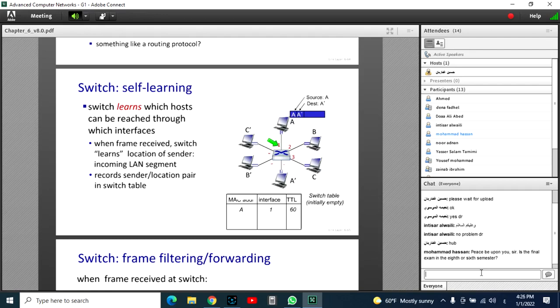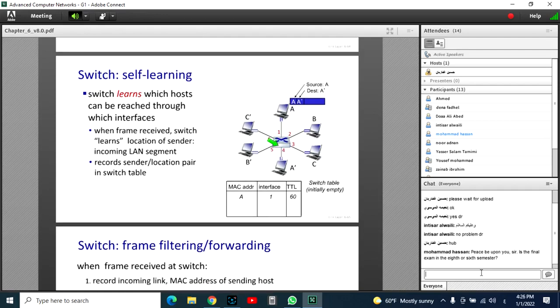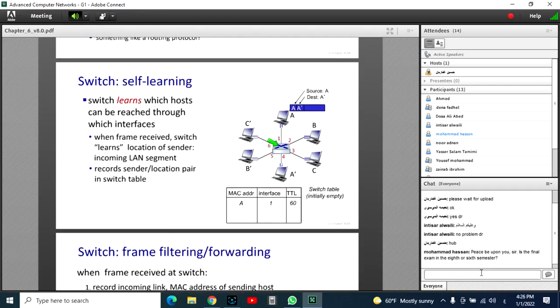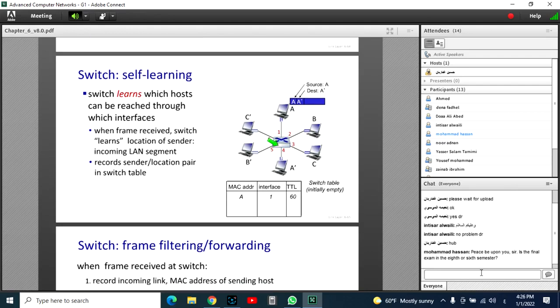Okay? It will send over all of those interfaces. We call this mechanism self-learning.